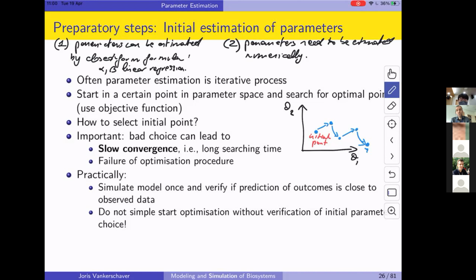So how can you choose the initial point? That was all the bad news. What is the good news? The good news is that typically you can again use your knowledge when you build a model. You can say, okay, my kinetic rate is not going to be 10,000 per second. It's probably going to be around 1 per second.